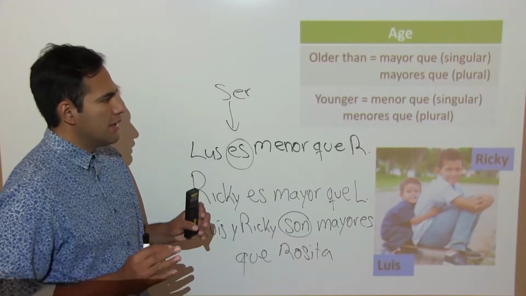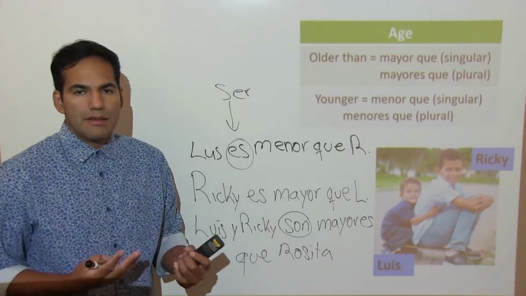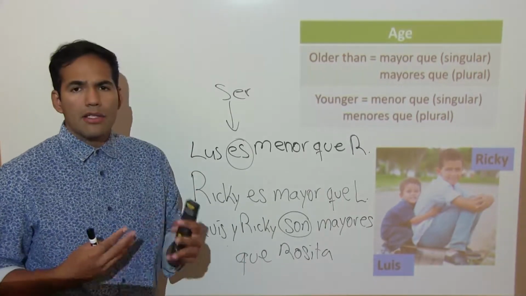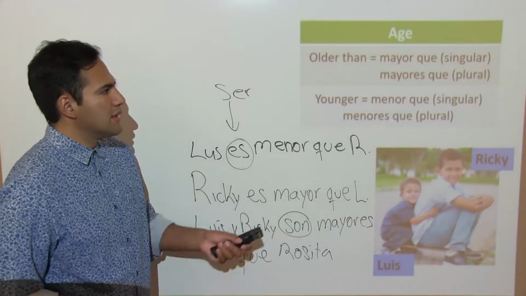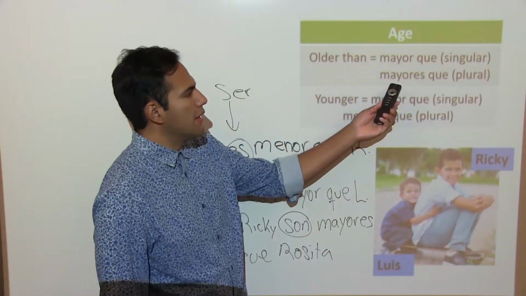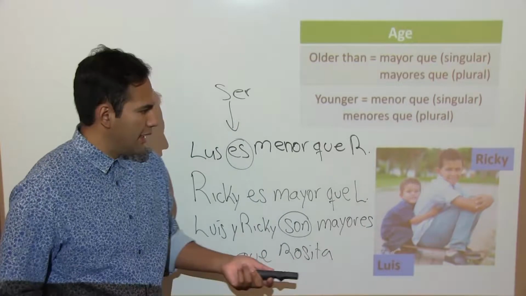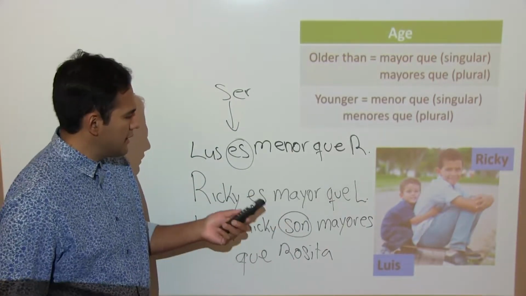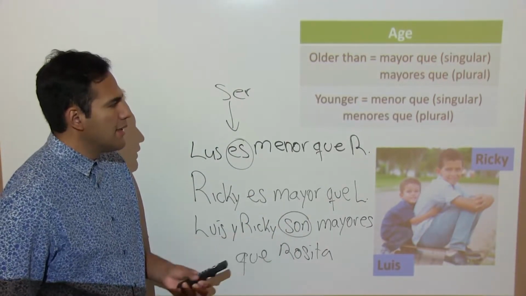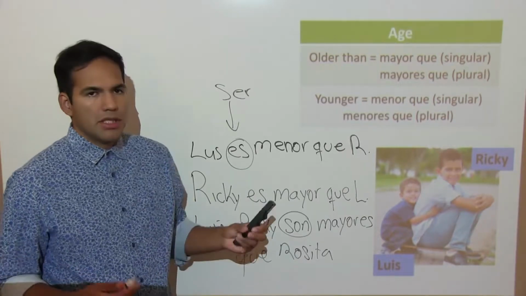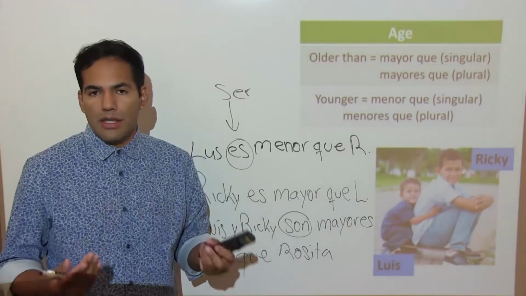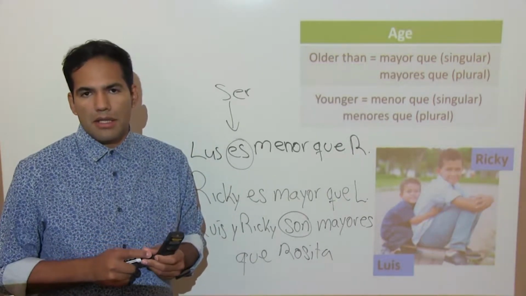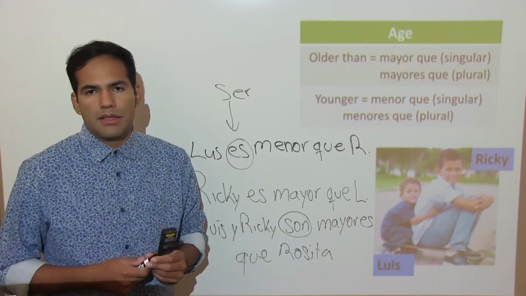So that's pretty much the foundation and the basis of how to compare based on age. So it's important for you to remember the way we express that and how, since we're talking about characteristics, you have to use the verb ser. So just make sure you understand. So let's say I have a younger brother, and I'm just comparing between us.